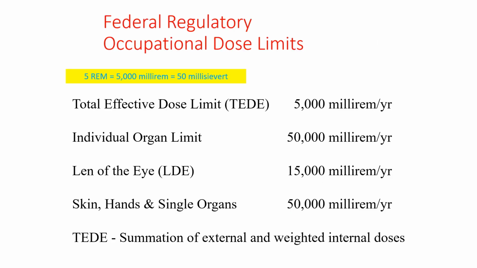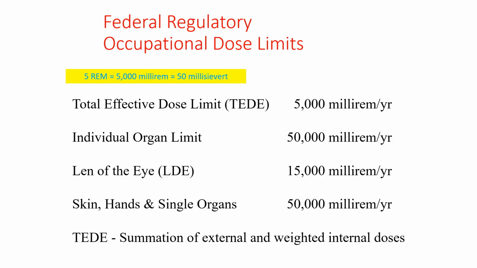The federal government of the United States has a total effective dose limit, which is a summation of the external weighted and internal doses averaged out. So basically, with the total effective dose limit, the occupational worker is limited to 5,000 millirems per year. That's total effective, but individual organs have different sensitivities.